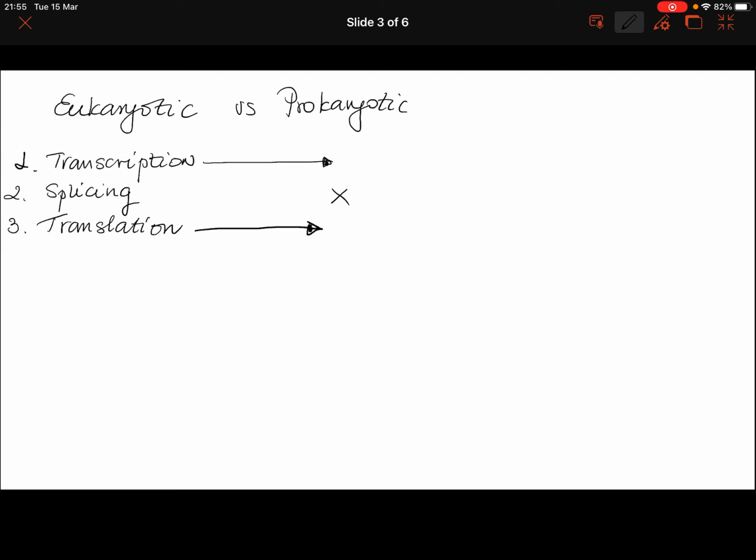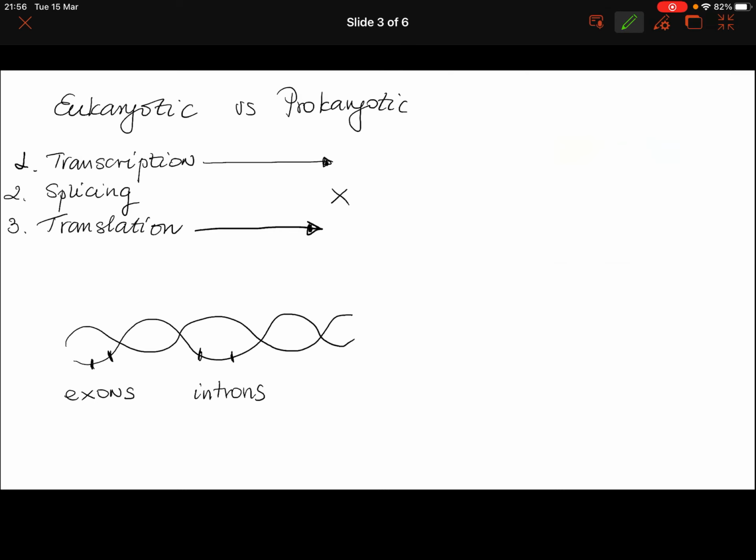The reason behind that is obviously the lack of introns. So if you look at the sequence in DNA we could have the coding sequences called exons, but also we would have non-coding sequences called introns. They don't code for any amino acids. So introns are present in the eukaryotic cell.